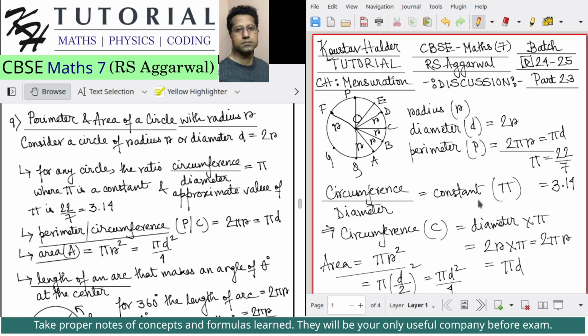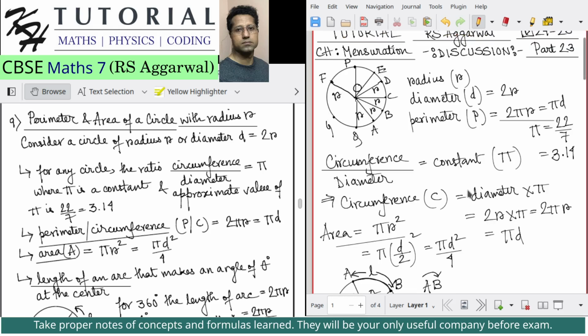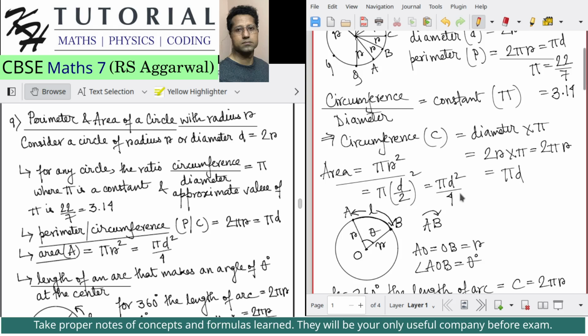So d is equal to twice r, and perimeter p is equal to 2 pi r, which is equal to pi d, and area is equal to pi r square, or in terms of diameter it is pi d square by 4.